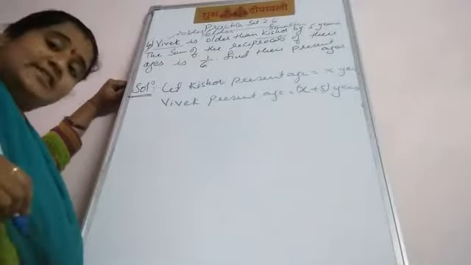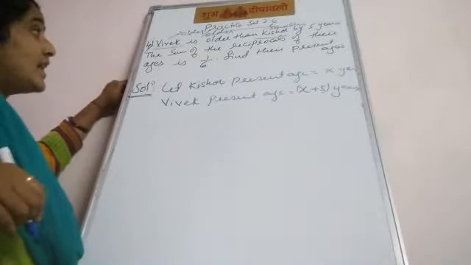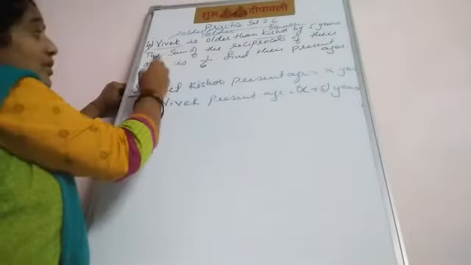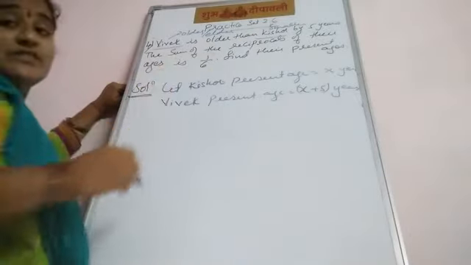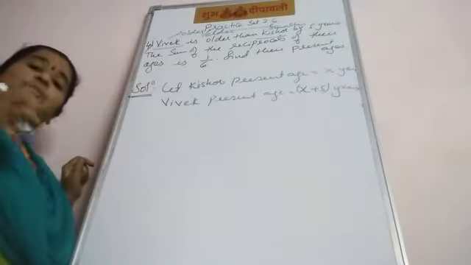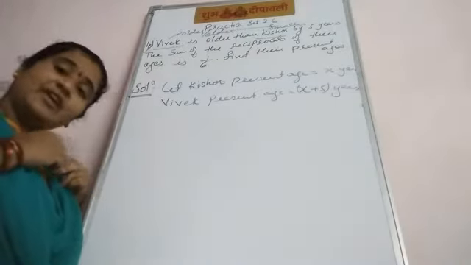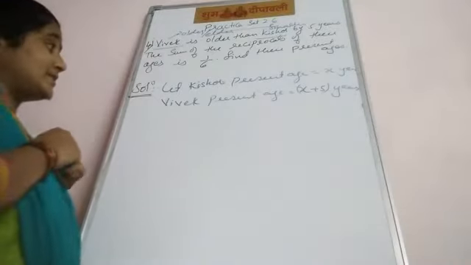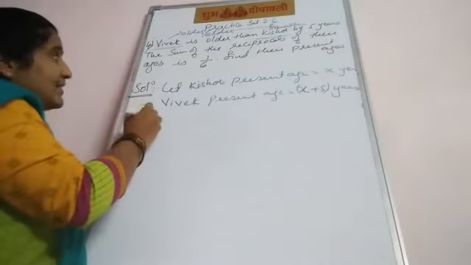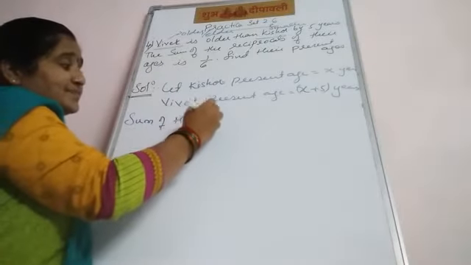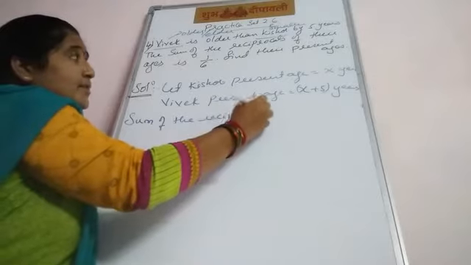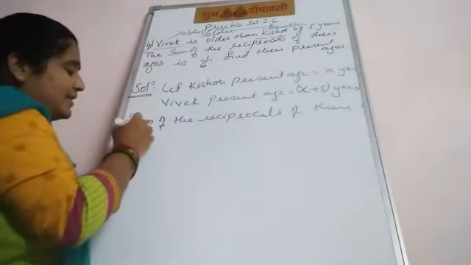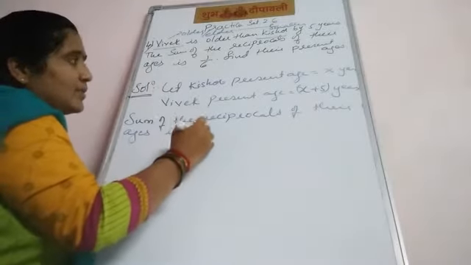Okay, what did they say? Sum of the reciprocals of their ages is 1 upon 6. Ages means what? Both. Reciprocal of Vivek and reciprocal of Kishore equal to 1 upon 6. So directly I will write here: sum of the reciprocals of their ages is 1 upon 6.